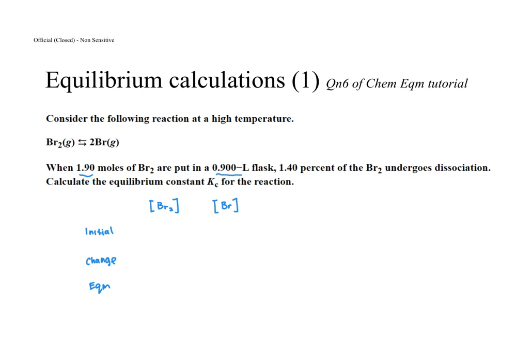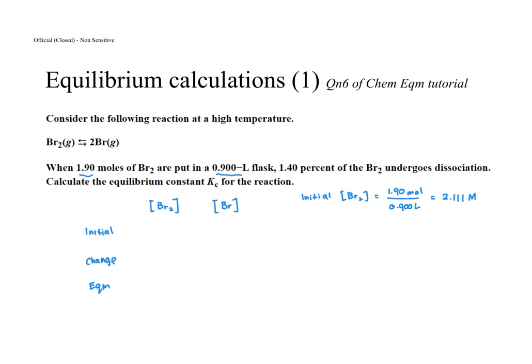So from this, we can calculate the initial concentration of bromine. So take 1.9 moles and divide by 0.9 liters. And we will get 2.111 molar.